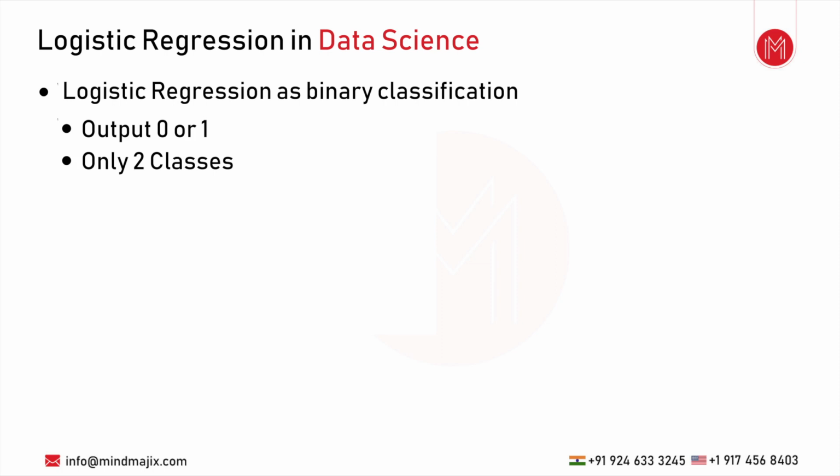It can be A and B, yes or true, 1 and 0, true or false, anything. But it has just two classes. When you have just two classes, it is called a binary classification. We are only going to give the result in two parts, that can be 0 or 1. No third class will come into play. So it has only two classes at the end.